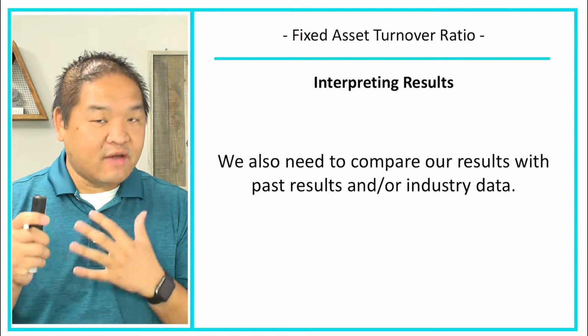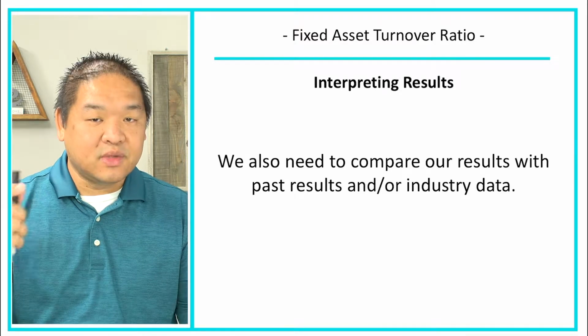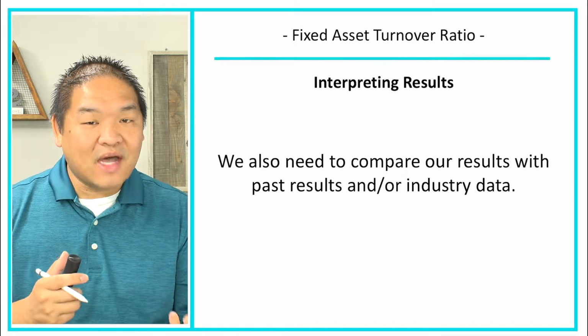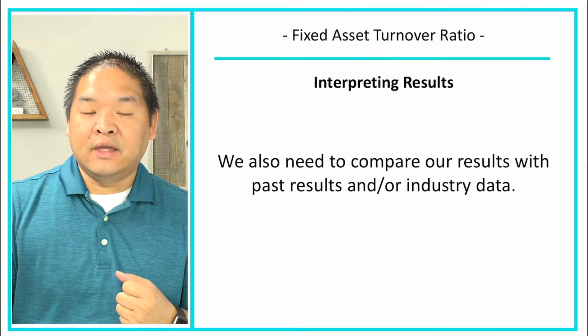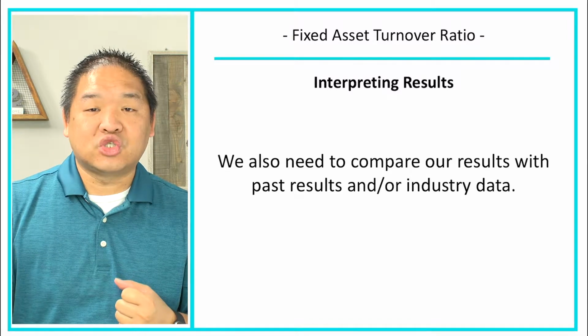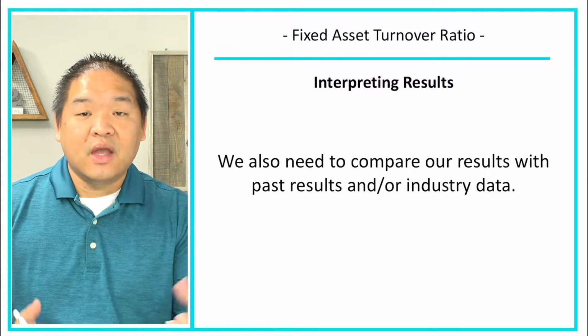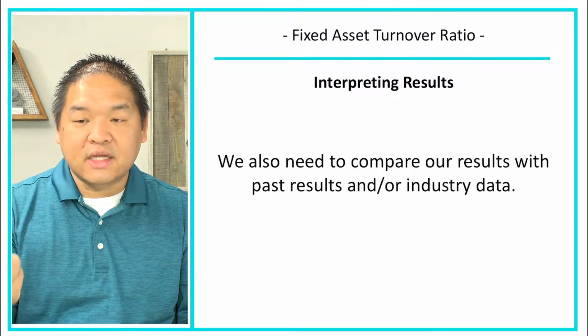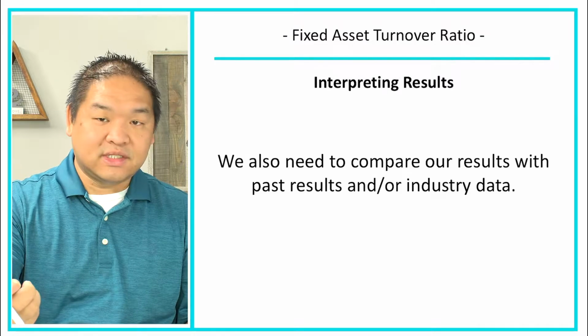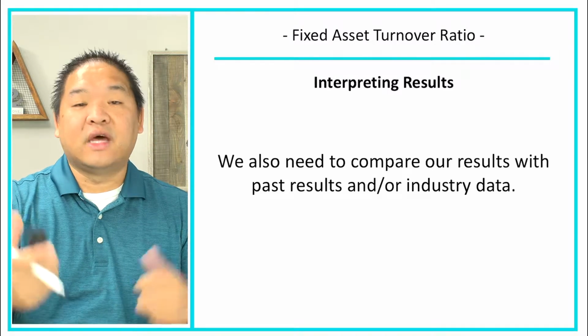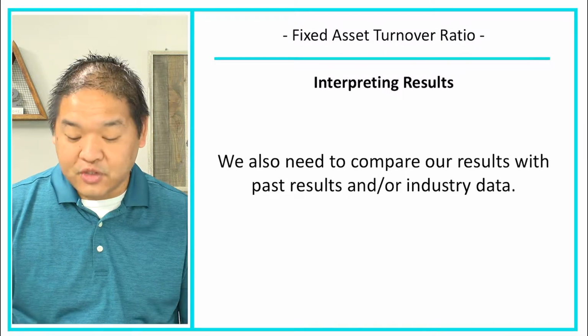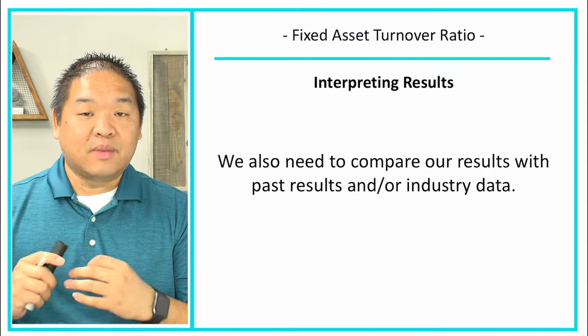Now, that doesn't mean that they don't have other assets. They have headquarters and buildings, but they don't have as much as, say, a retail grocery store. So we can't compare those two results, but Facebook can definitely compare to Twitter, and the grocery store chain can compare to another grocery chain in another area or another part of the country. So that's what we need to do when we're comparing the results.